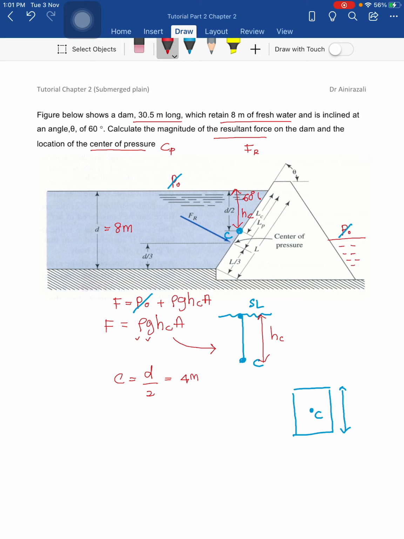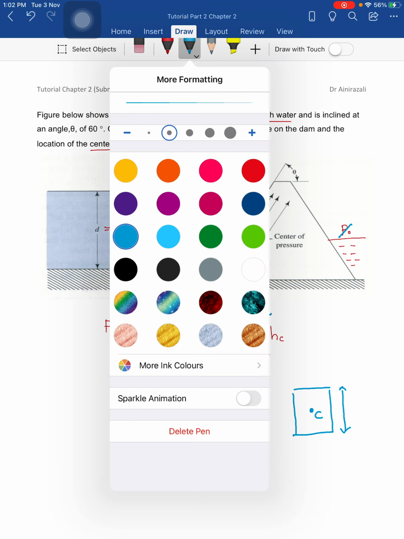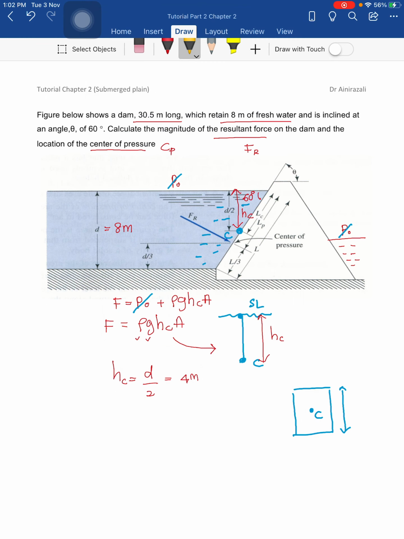Now we focus on the area. The area is where the liquid touches the surface. Your liquid is here, so the surface that touches your liquid is here.